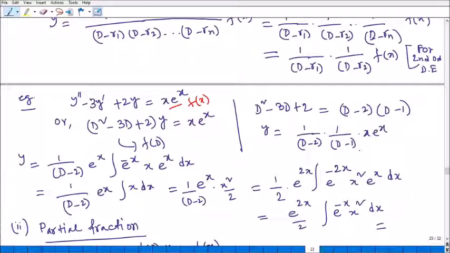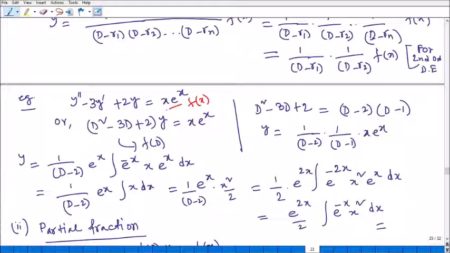That is, the particular solution will be different. So the particular solution depends on the order of the operation. This is the problem in this method for solving the non-homogeneous differential equation.